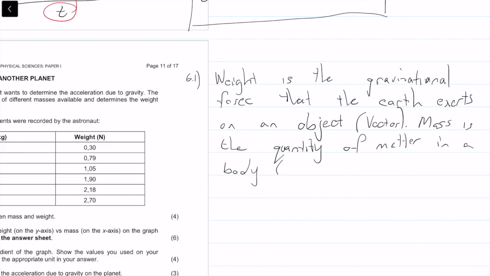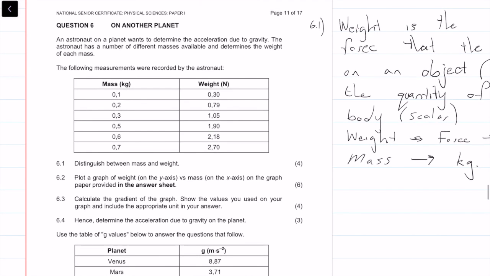Okay, and it is a scalar. We also know that weight is a force in newtons, whereas mass is in kilograms. Okay, cool stuff, and that should be enough to get us 4 marks.